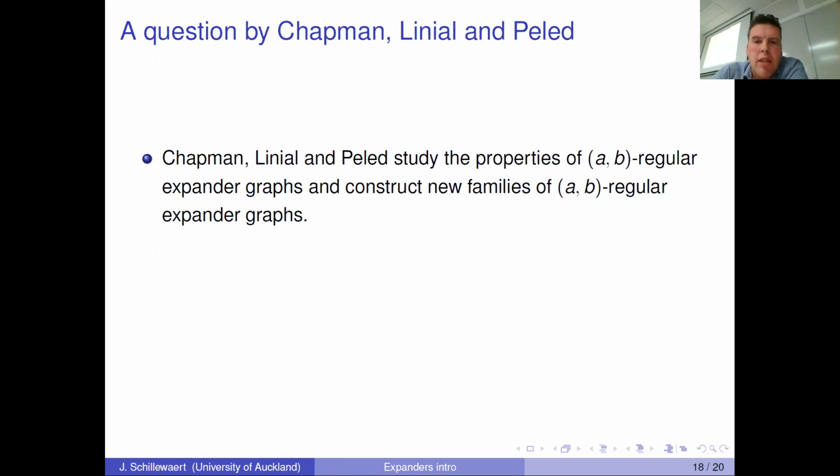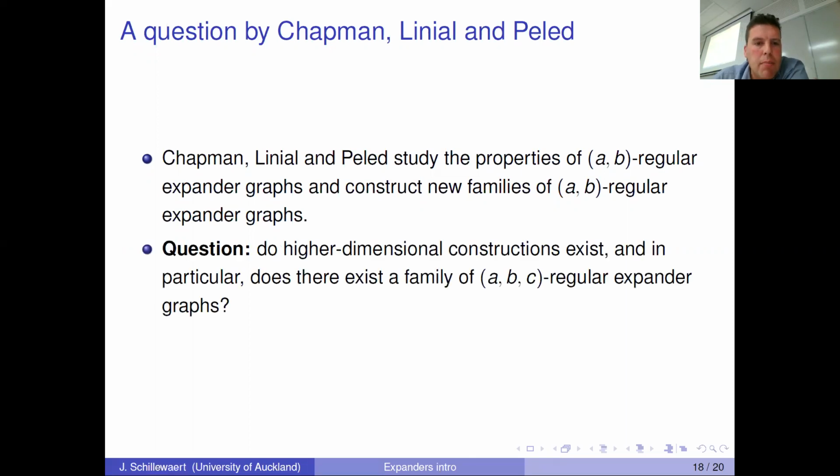I don't know anything about that, so don't ask me. And they constructed new families of AB regular expander graphs. So it's not so difficult to construct AB regular graphs. It's harder to construct them so that they also form an expanding family.